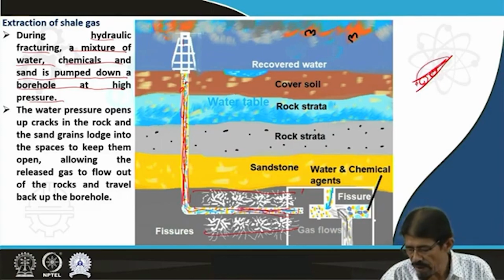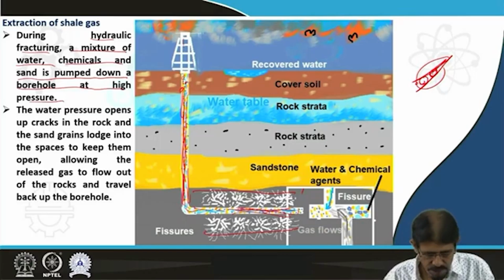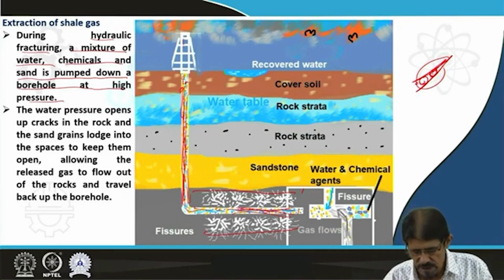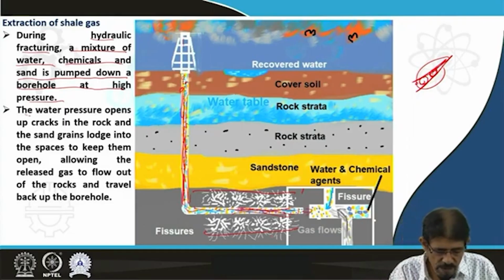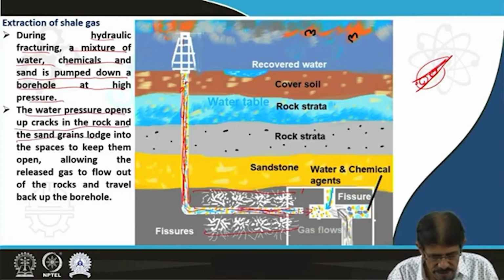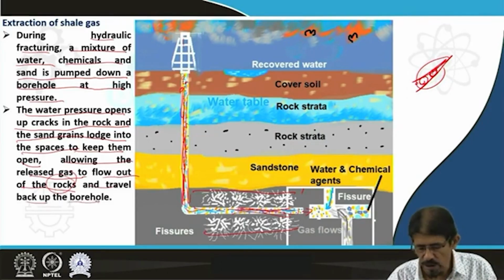In this way, the hydraulic fracturing is going to make fissures around the targeted site. You can see the water pressure opens up cracks in the rocks and the sand grains lodge into the space to keep them open, allowing the released gas to flow out of the rocks, rock meaning shale, and travel back up to the borehole.